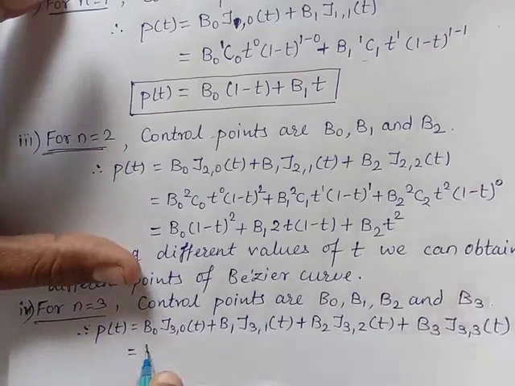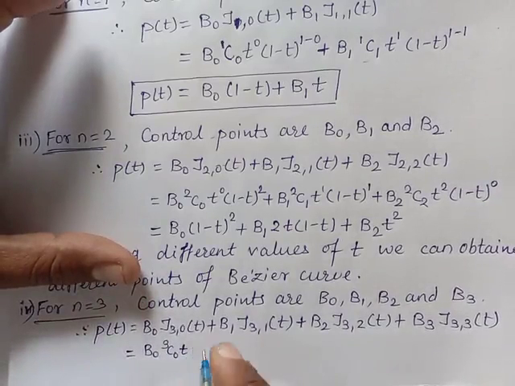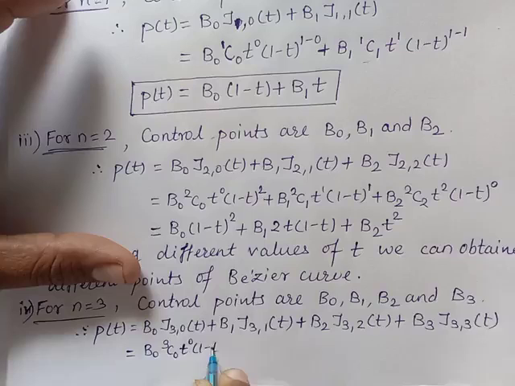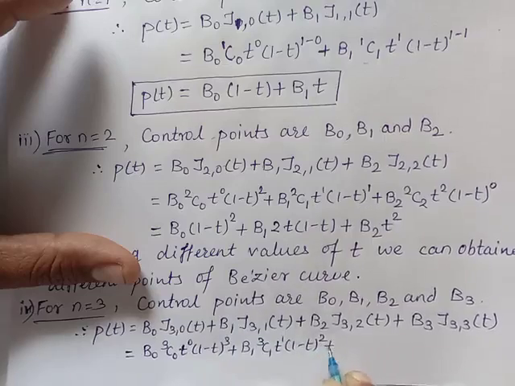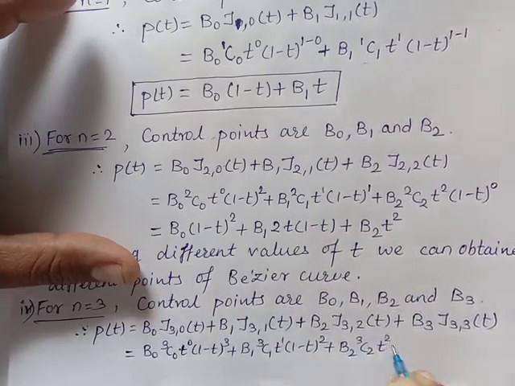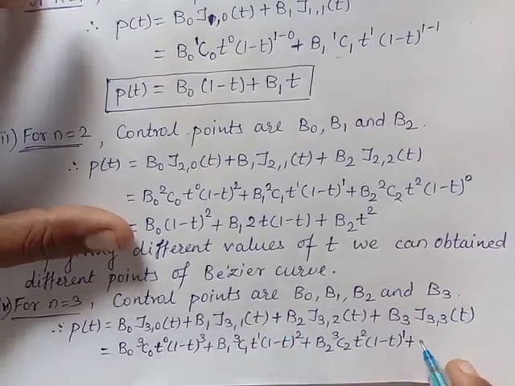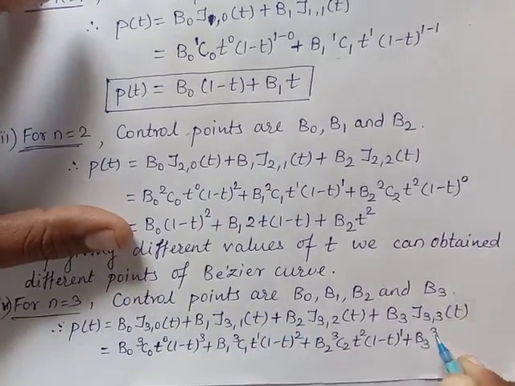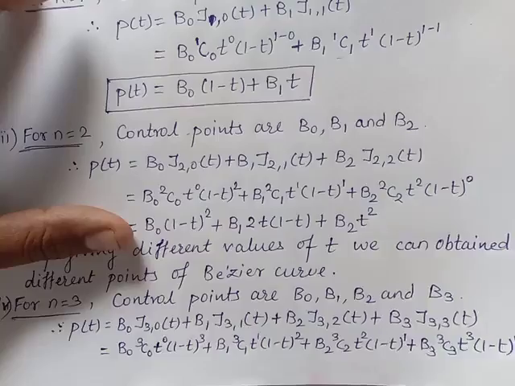And that is nothing but b naught 3c0 t raised to 0 (1 minus t) cube plus b1 3c1 t raised to 1 (1 minus t) raised to 2 plus b2 3c2 t square (1 minus t) raised to 1 plus b3 3c3 t cube (1 minus t) raised to what, 0.